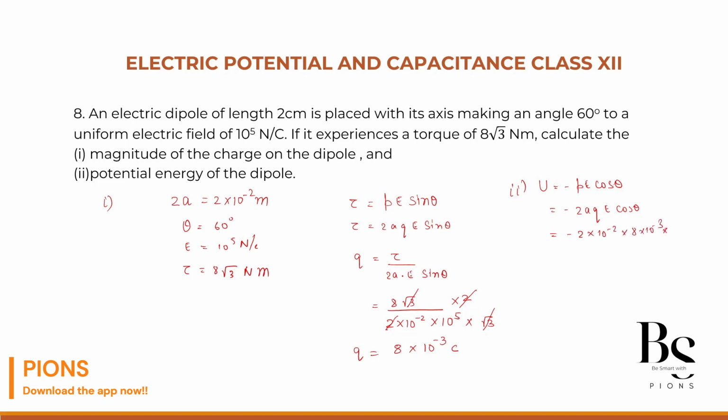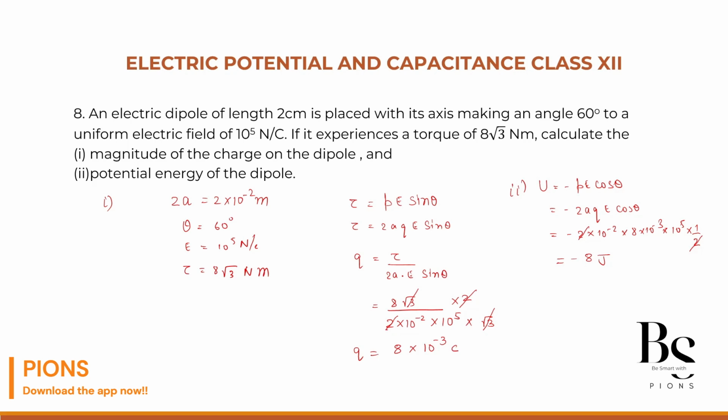Electric field, 10 to the power 5, and cos 60. So what is cos 60? Cos 60 is nothing but half. So let's substitute here 1 by 2. Let's cancel this 2 with 2. So we are left with here minus 8 into 5 minus 3 is 2 and 2 cancels out. So you are left with minus 8 joules. That's your potential energy of a dipole.